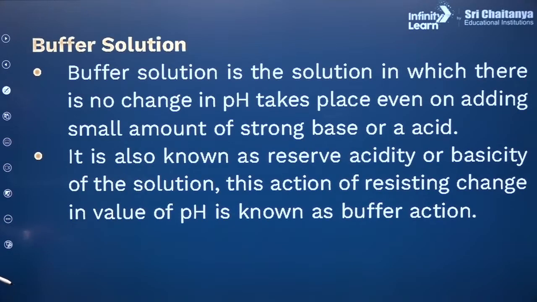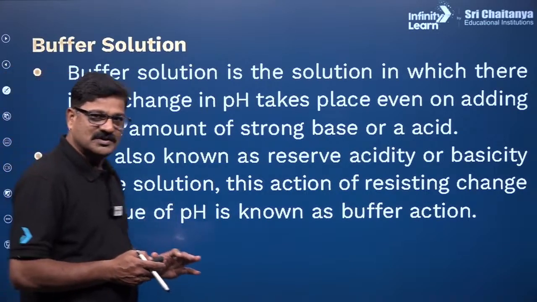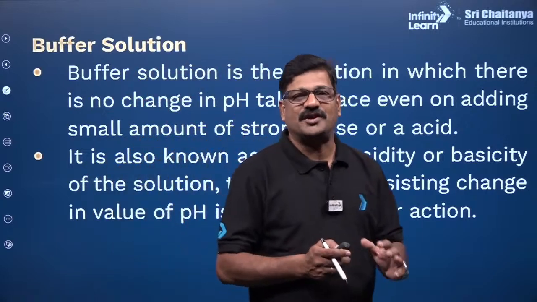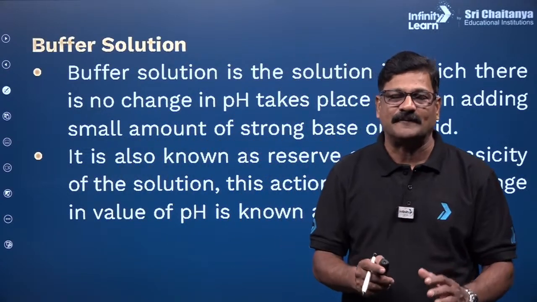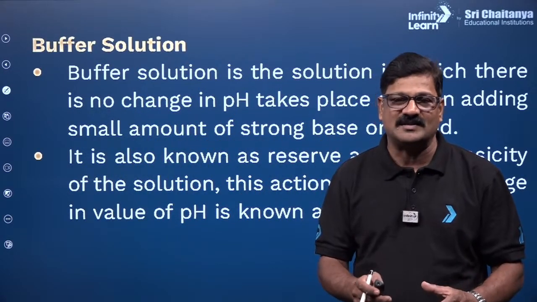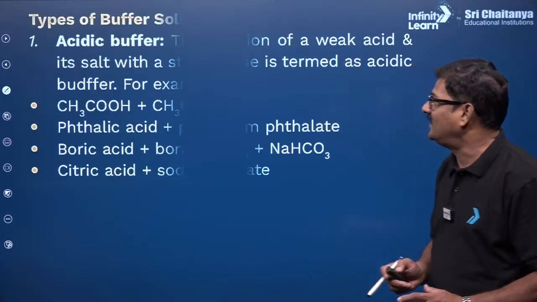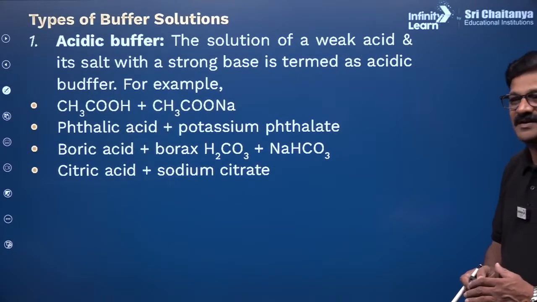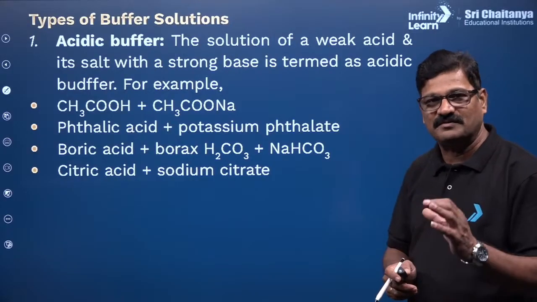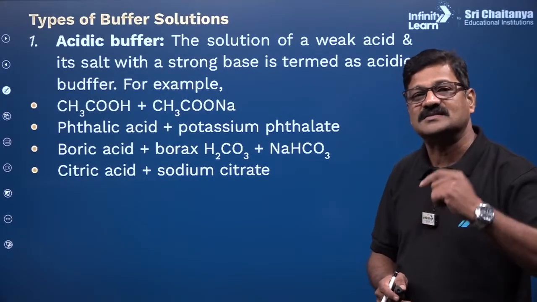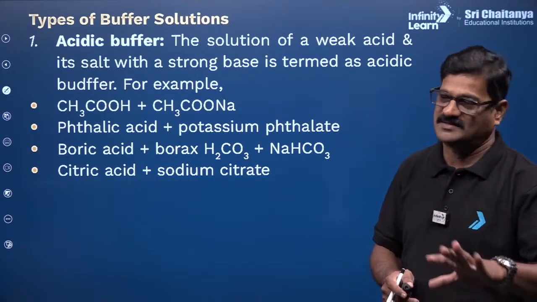So you can have a buffer solution. A solution which resists the change in pH is called a buffer, and it has reserve acidity and reserve alkalinity. You have an acidic buffer, which is a mixture of a weak acid and its salt with a strong base.